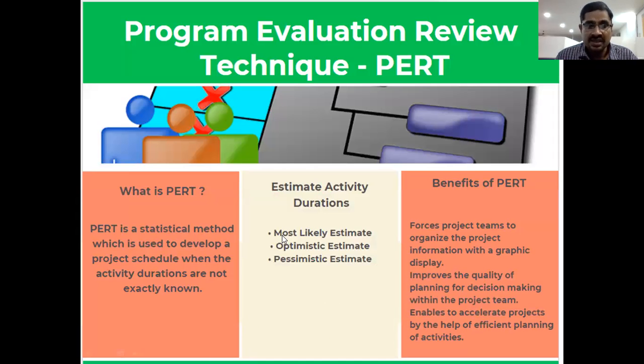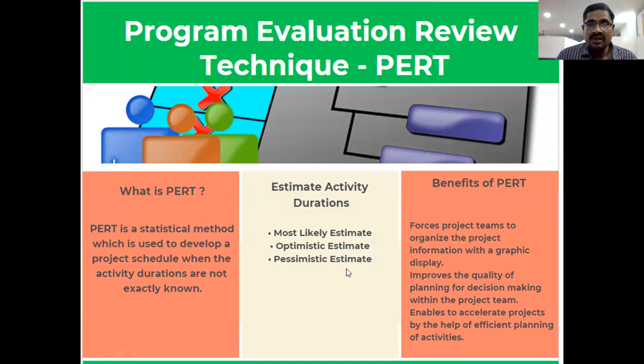So here, look at this. Most likely time means normal time. Optimistic time means minimum time. Pessimistic time means maximum time. By using these three timings we have the formula. What is that formula? (O plus 4M plus P) divided by 6.